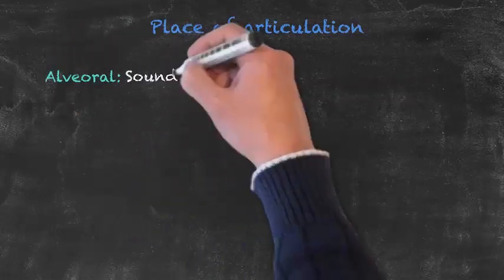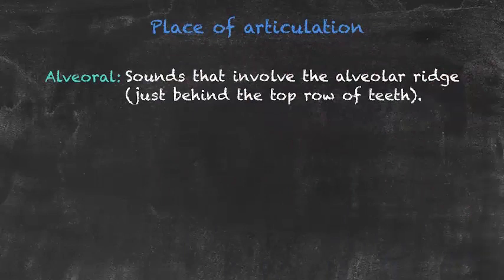Alveolar sounds get their name from the fact that the alveolar ridge is being used. Again, that ridge is just behind the front top row of teeth. Here, the tongue is on or very, very near the alveolar ridge. It's typically the tip of the tongue, or what's just behind the tip of the tongue, called the blade of the tongue.